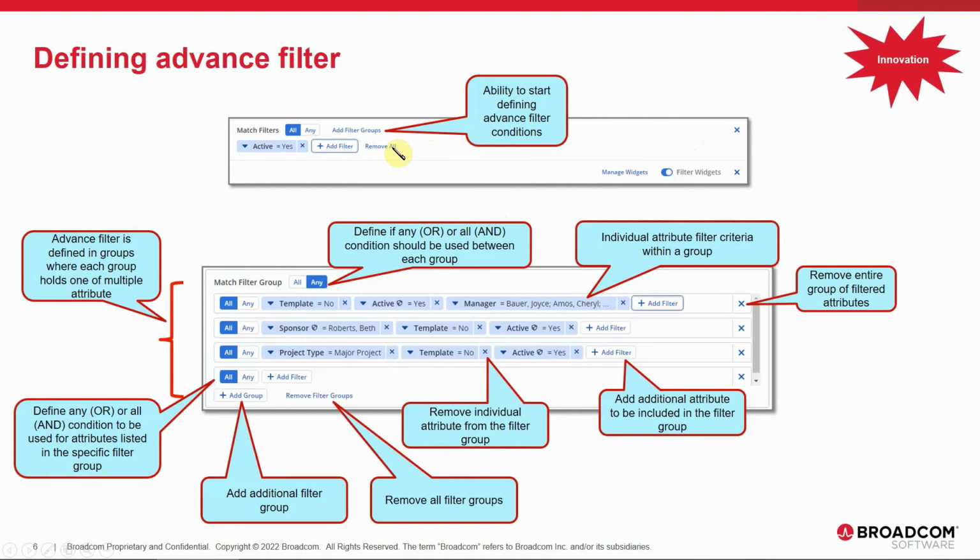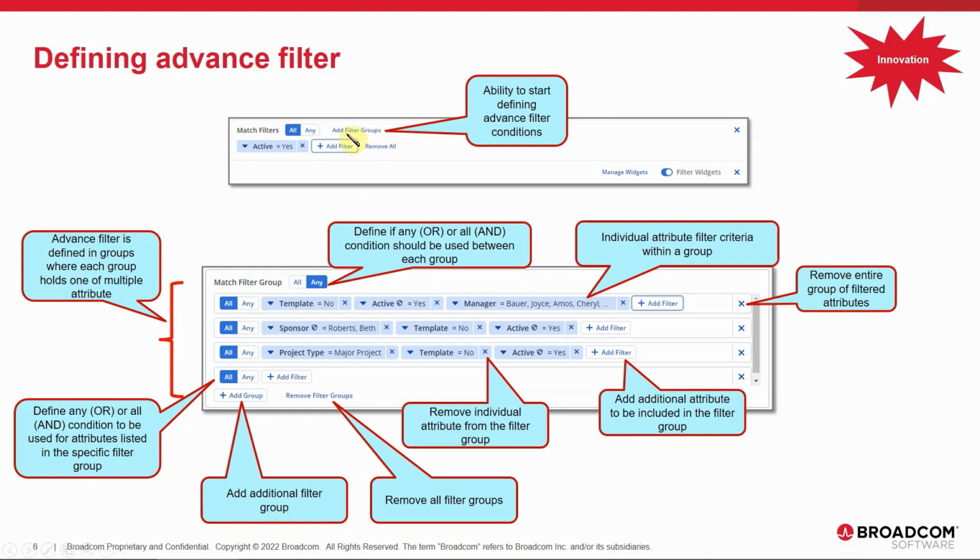However, if they want to define a complex filter condition, there is a new button available right above their filter condition called Add Filter Groups. So the advanced filtering is available by defining filter groups.